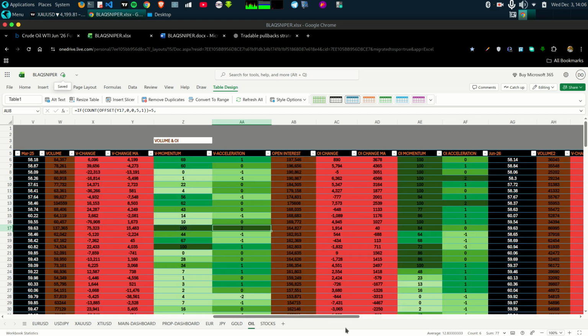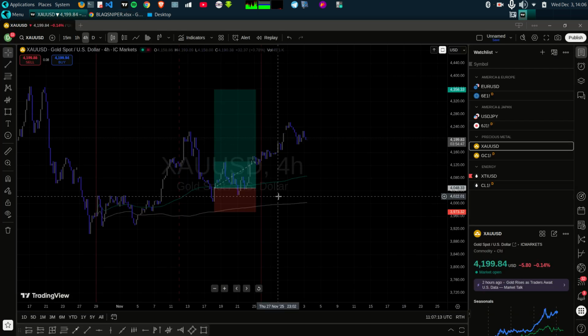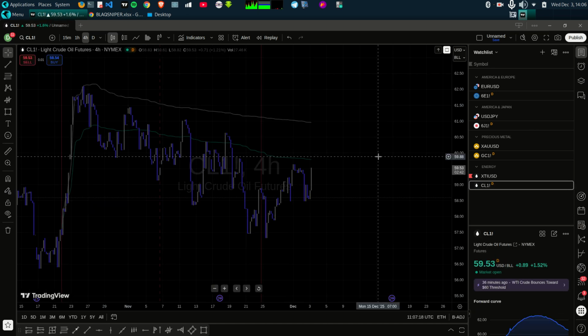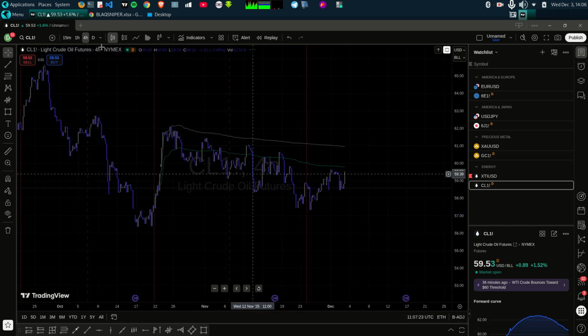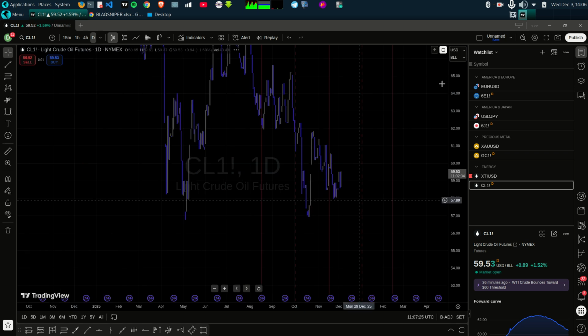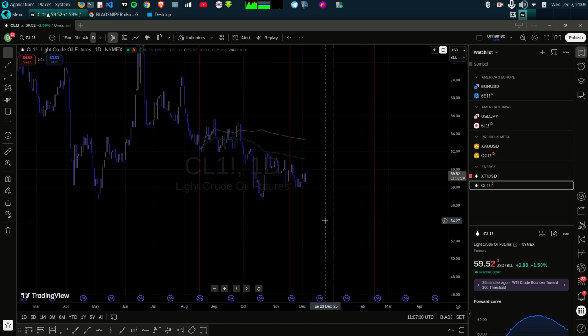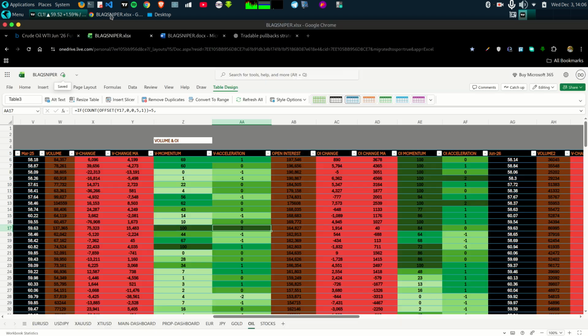So let's look at oil. Okay, let's load. Looking at the oil daily chart, it is still on a bearish trend. Expansion, pullback, expansion. Now let's look at the data points to see exactly what might happen.